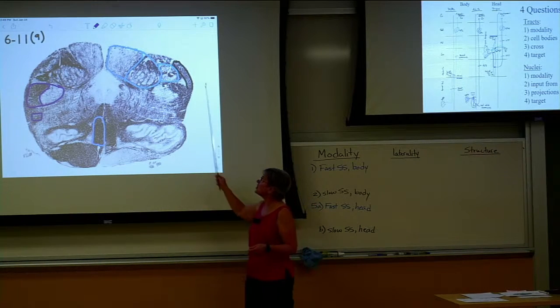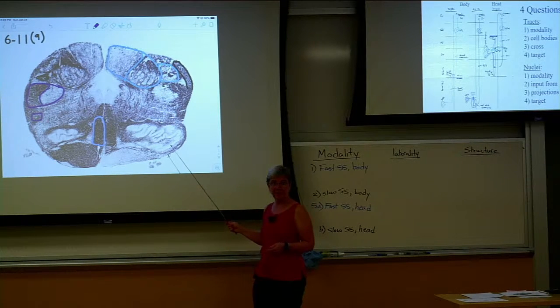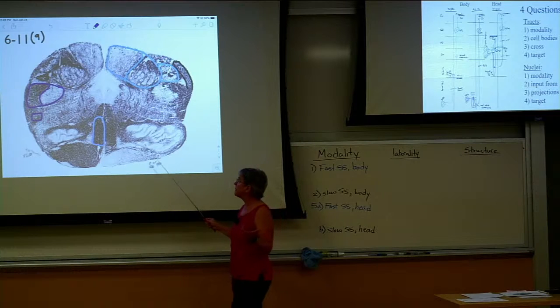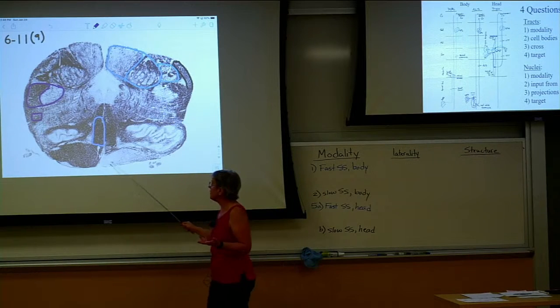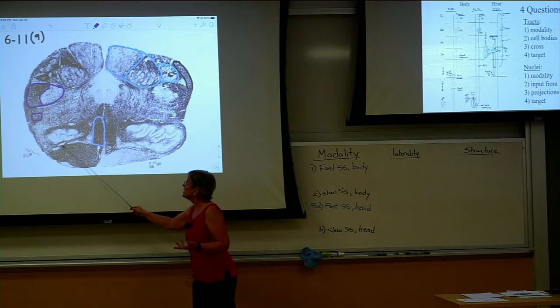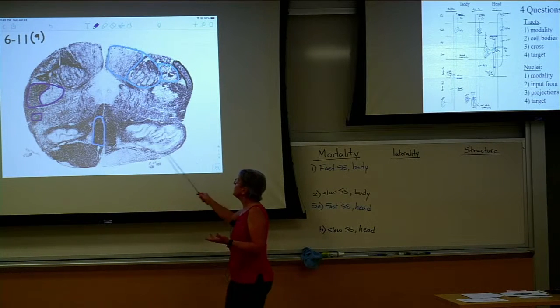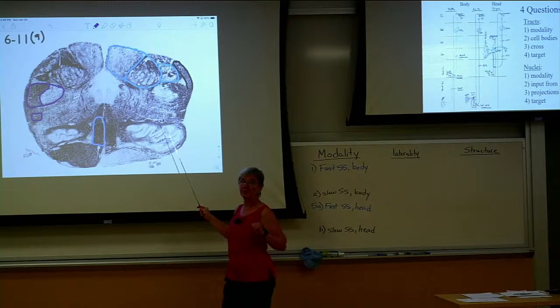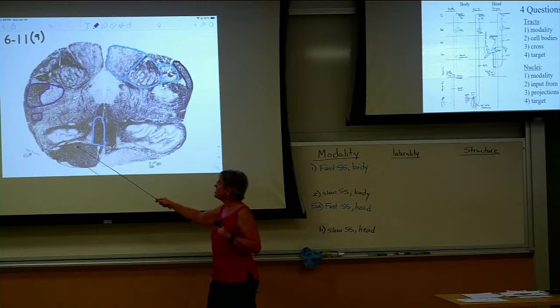Okay, so the first question is, where are we? Well, there are landmarks. Here's one landmark. Here's another landmark. If you don't know what those are, pause your video and review. These are the pyramids.